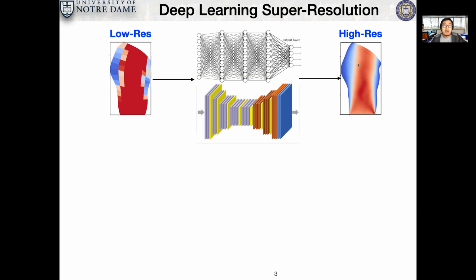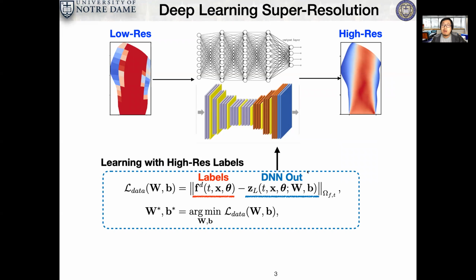Despite the great promise demonstrated in recent publications, the success of these deep learning models mainly relies on a large amount of high resolution data as labels, since we need sufficient high resolution labels to train the neural network.